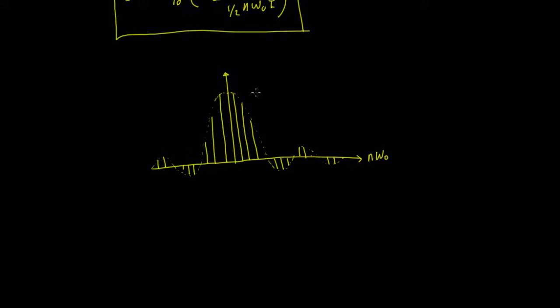And the height of the function there, again that's the real axis, is tau upon T0, and it cuts the axis there every 2n pi upon tau.